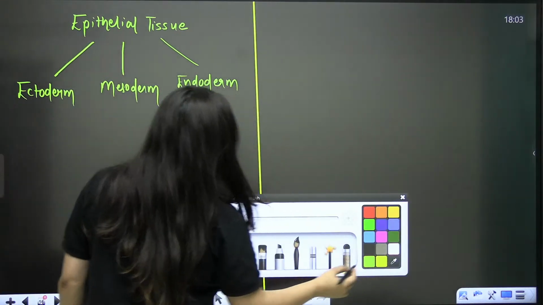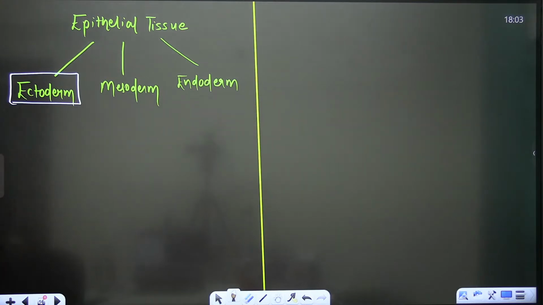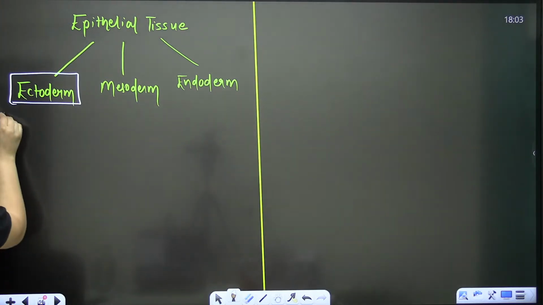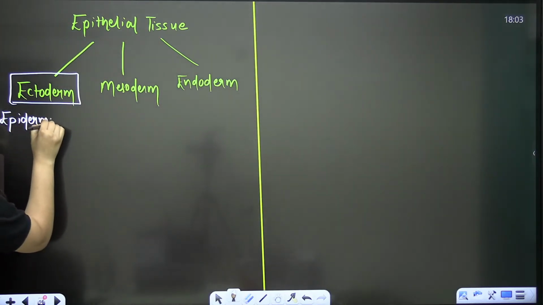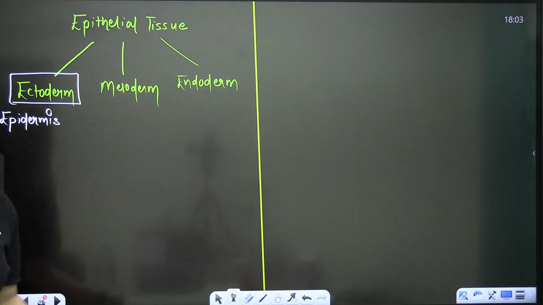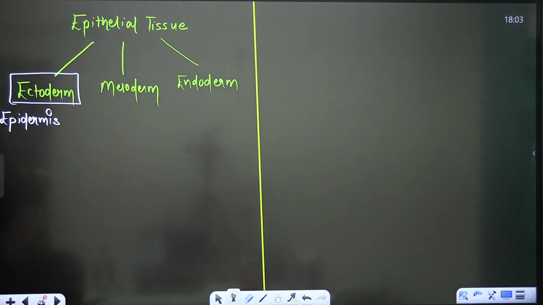If ectoderm is the germ layer making the epithelial tissue, then you will call it epidermis, the outer covering.